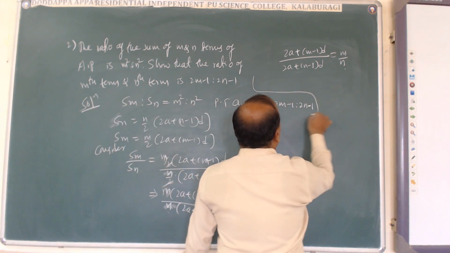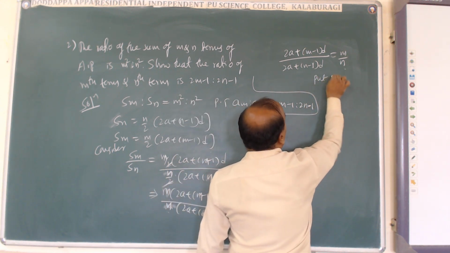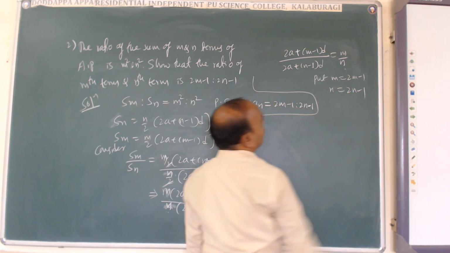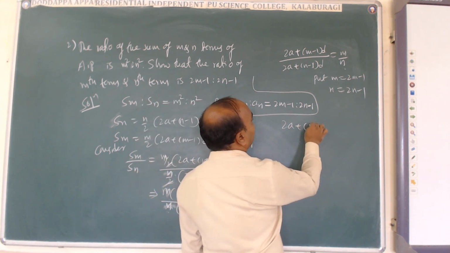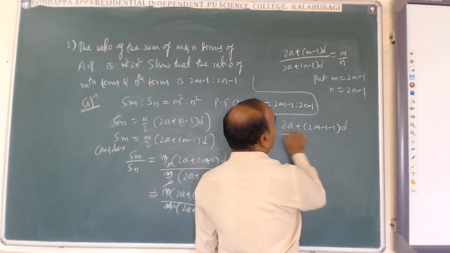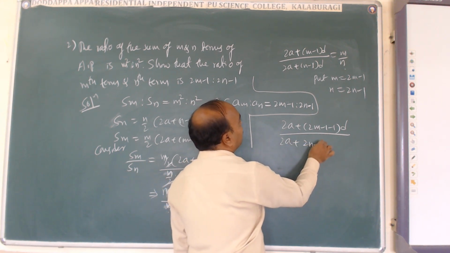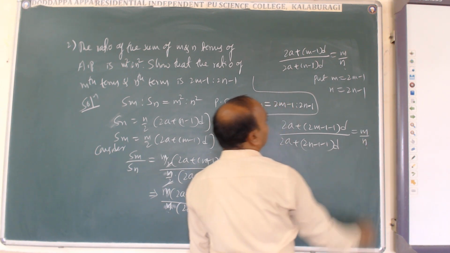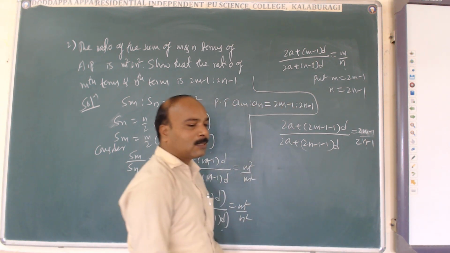Now we are asked to prove it for 2m minus 1 and 2n minus 1. For that you put m equal to 2m minus 1 and n equal to 2n minus 1 in the above equation. We get 2a plus 2m minus 1 minus 1 into d divided by 2a plus 2n minus 1 minus 1 into d equal to 2m minus 1 by 2n minus 1.